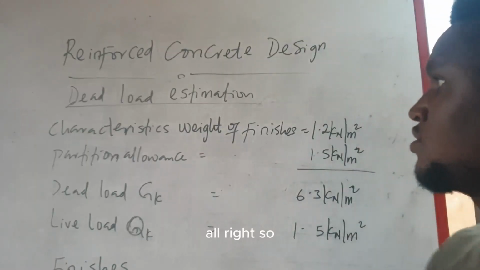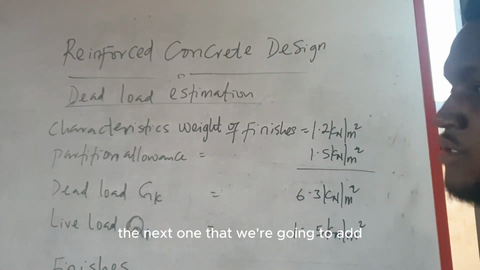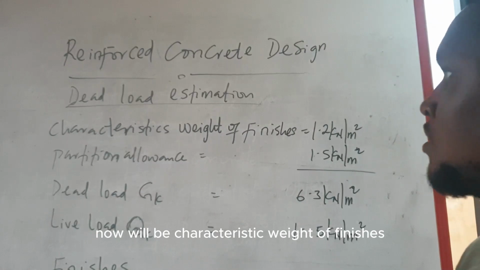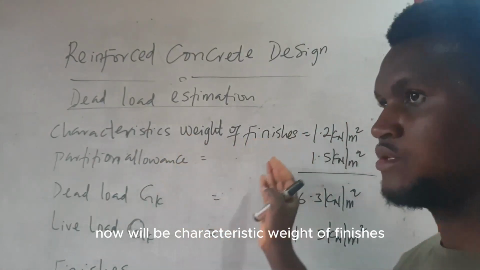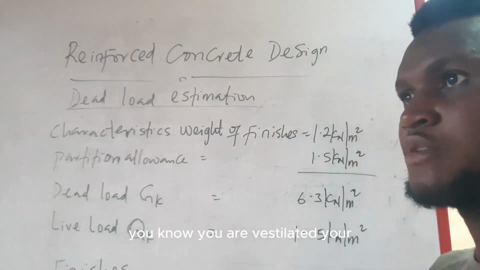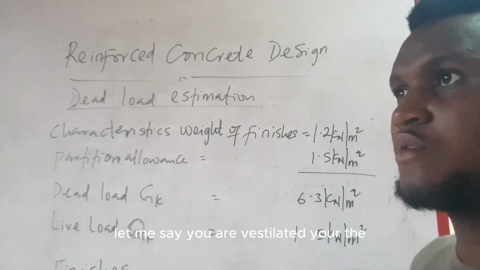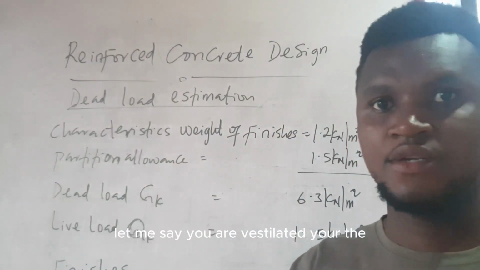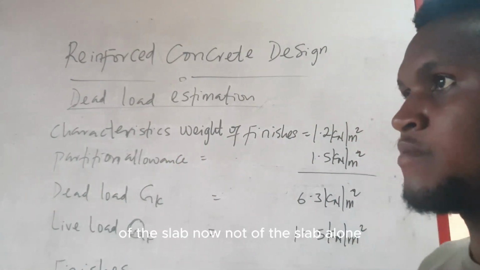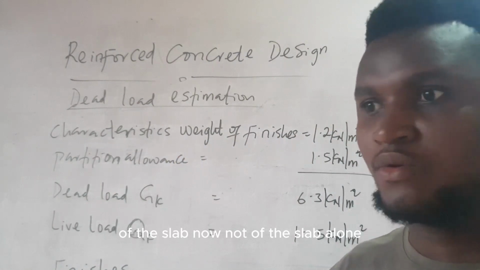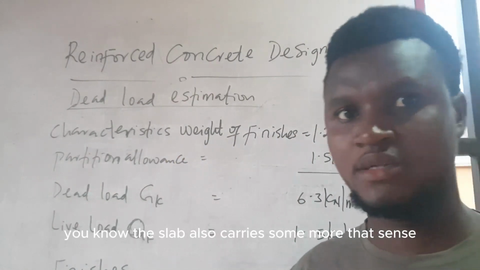All right. So the next one that we're going to be adding now will be characteristic weights of finishes. You have estimated the self weight of the slab. Now, not just the slab alone, the slab will also carry some other things.